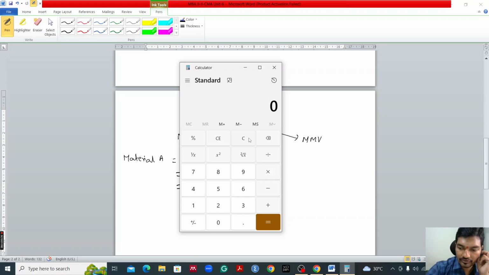Here we are getting a positive value. 83 is multiplied with 6. 833 minus 750 is multiplied with 6.